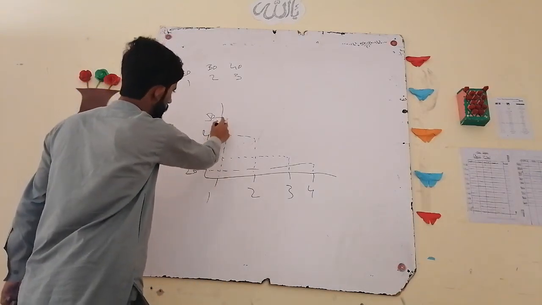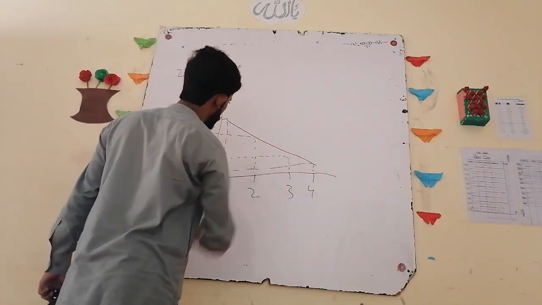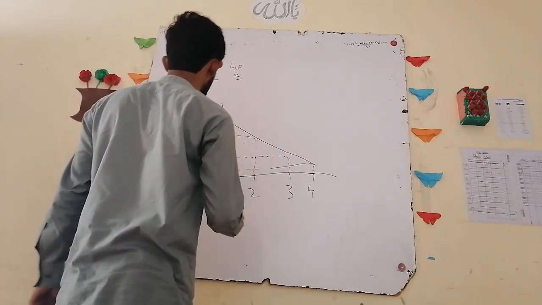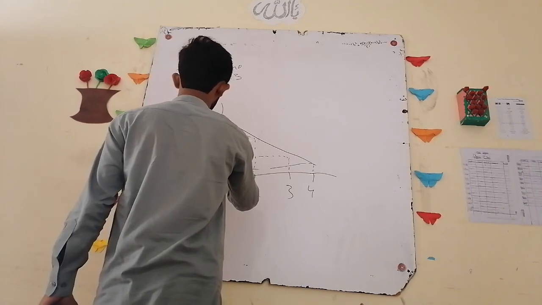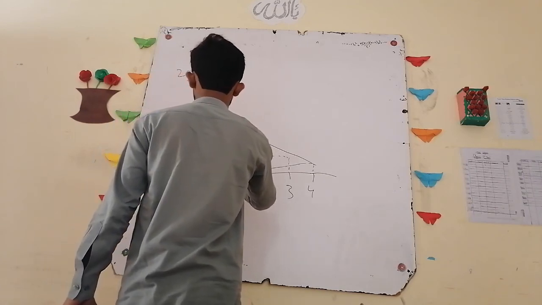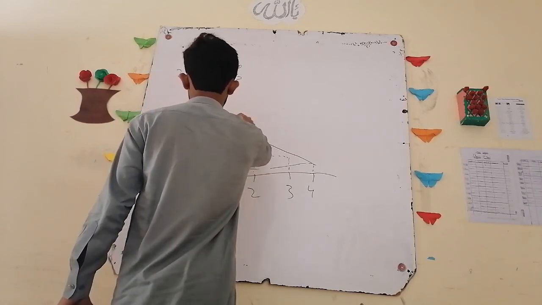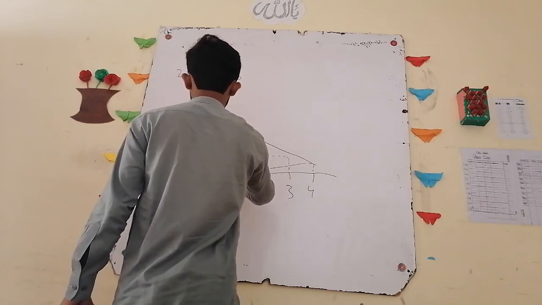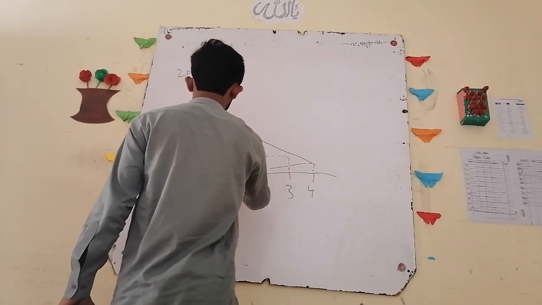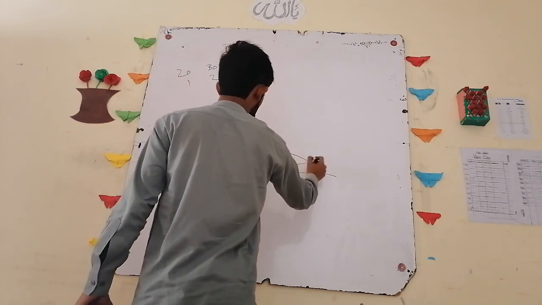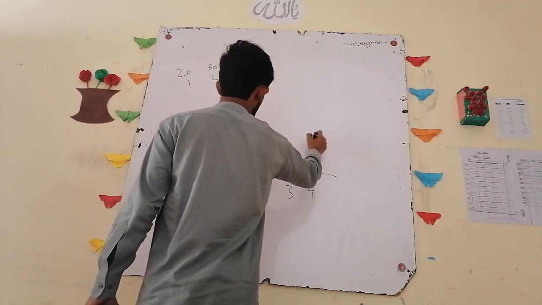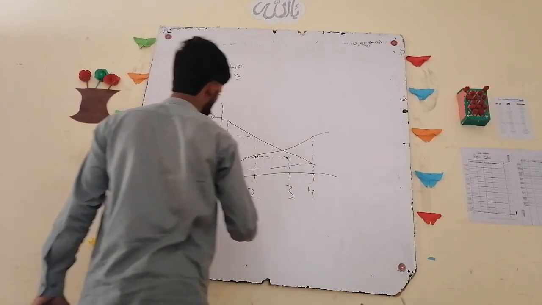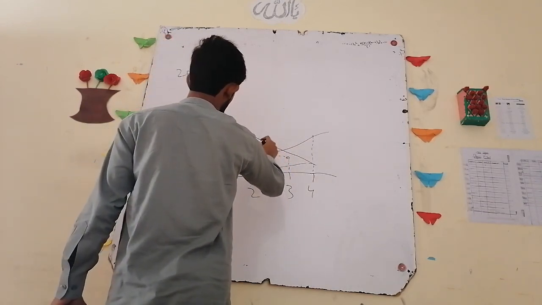So that's the point of demand. What's the curve of supply? We can make the curve of supply, and that's the equilibrium point.